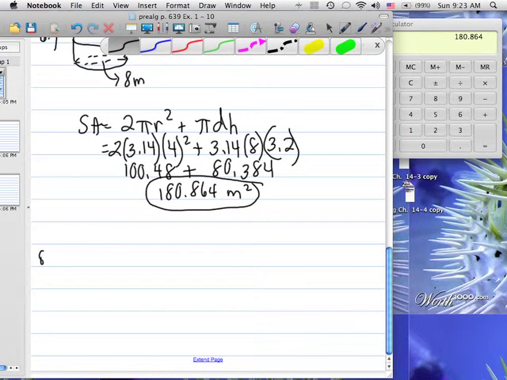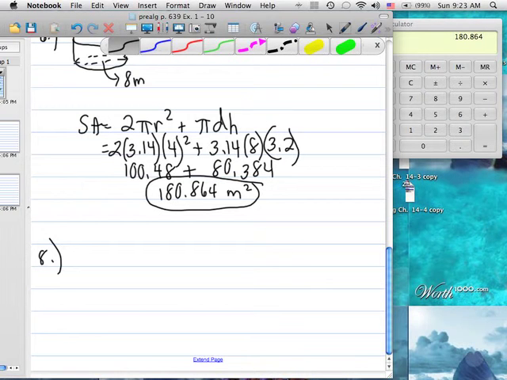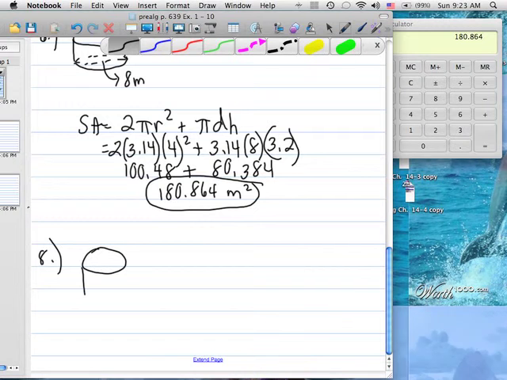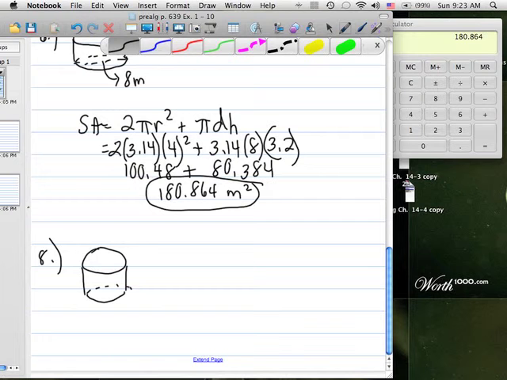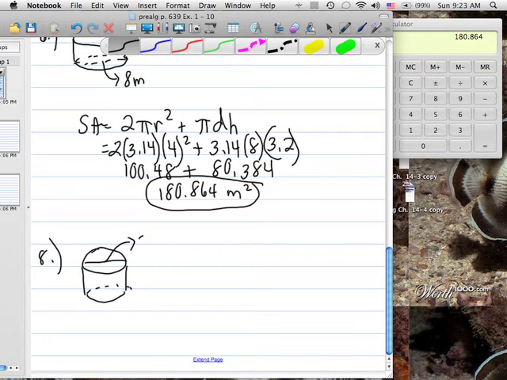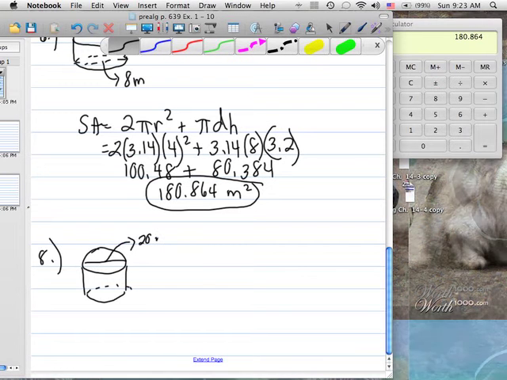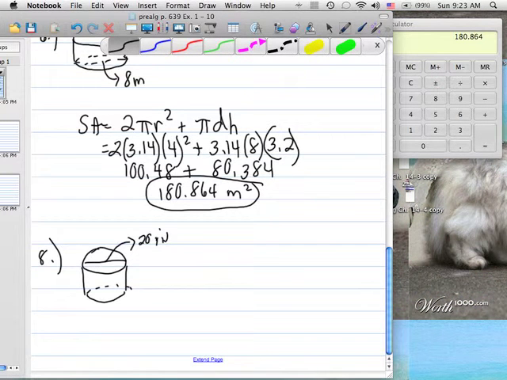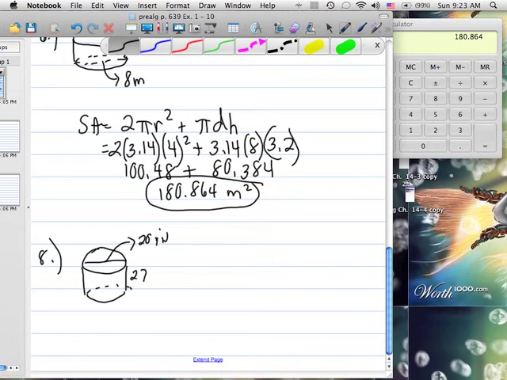Problem number 8. A drum is enclosed on the top and the bottom. So we have a drum. And the diameter of the drum across here is 20 inches, and the height of the drum is 27. Find the approximate surface area of the drum.